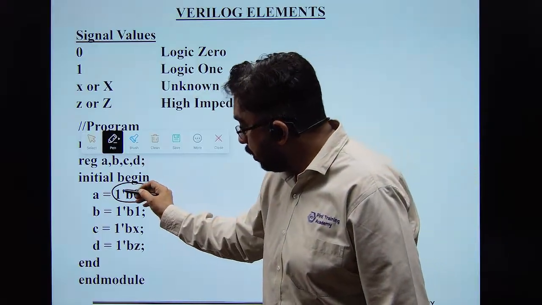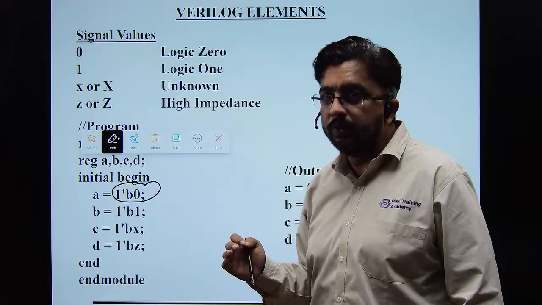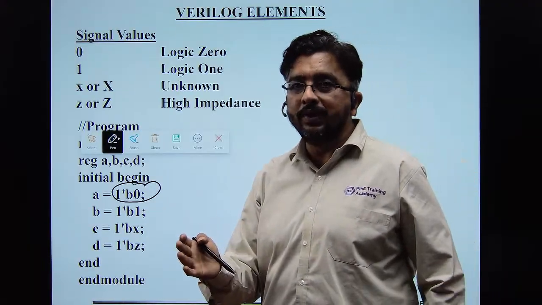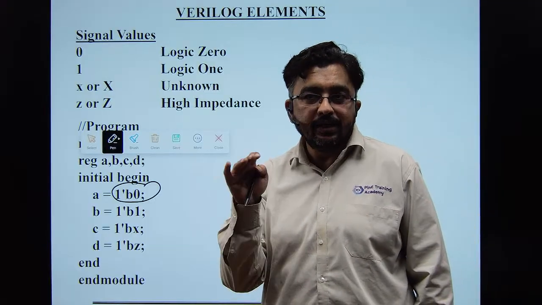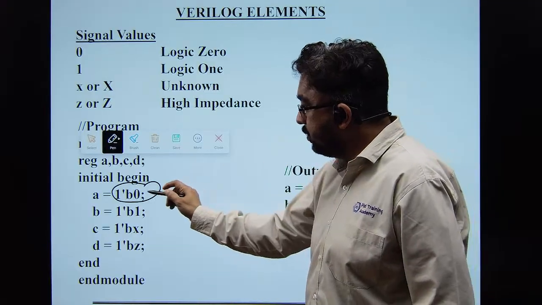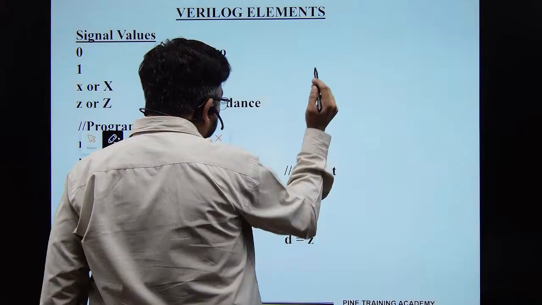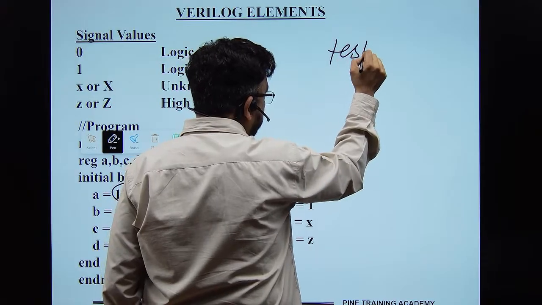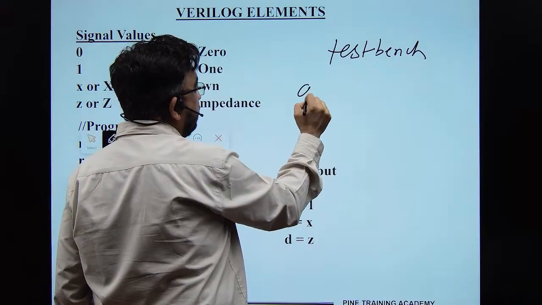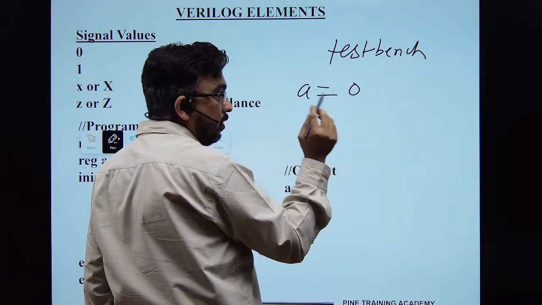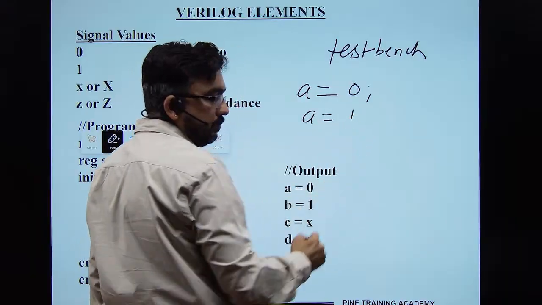So this is how we represent numbers in Verilog. If you want to force a value in Verilog in textual form, then we have to write it in this way. If you remember our test bench, when we were giving the value a, I used simple 0 or simple 1.